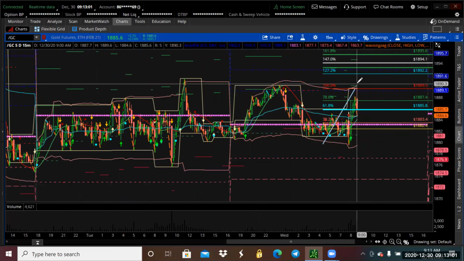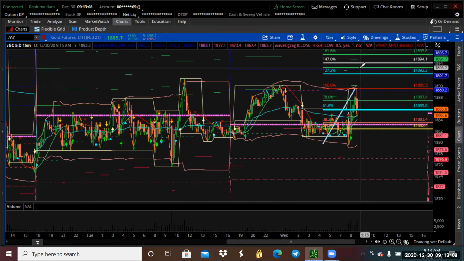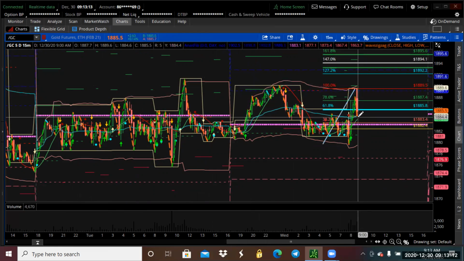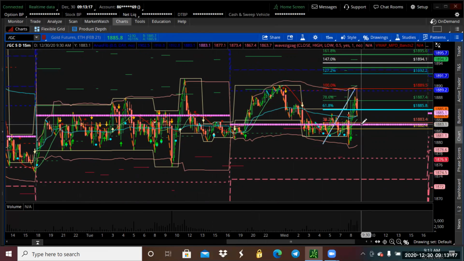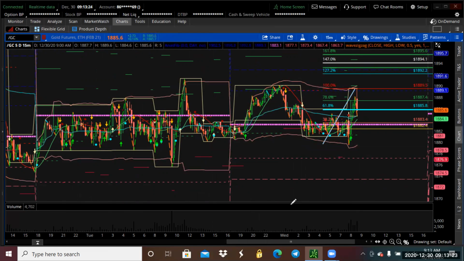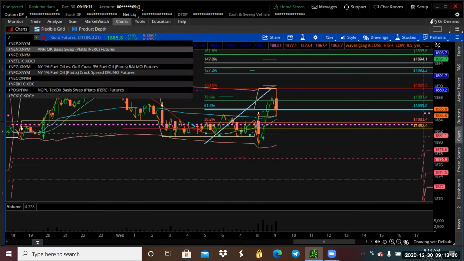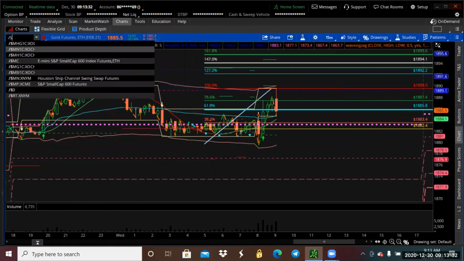But if we do break above here, 1890, I am looking at the 1893 level. If we break below the VWAP, then I am looking at close to the pivot and then close to here at 1881 as far as support wise. Because it's sideways, it's not even going to where I want it to go.